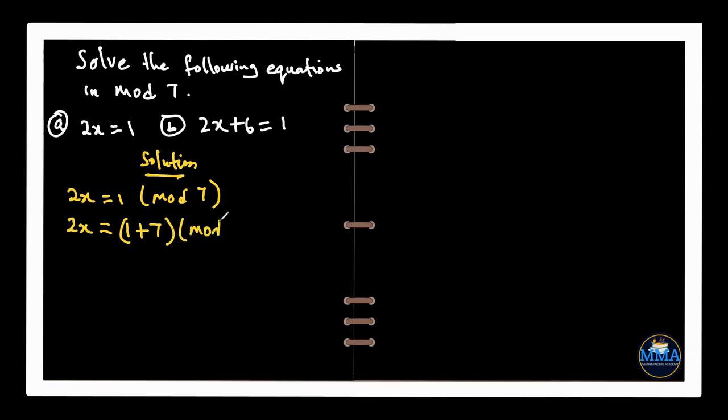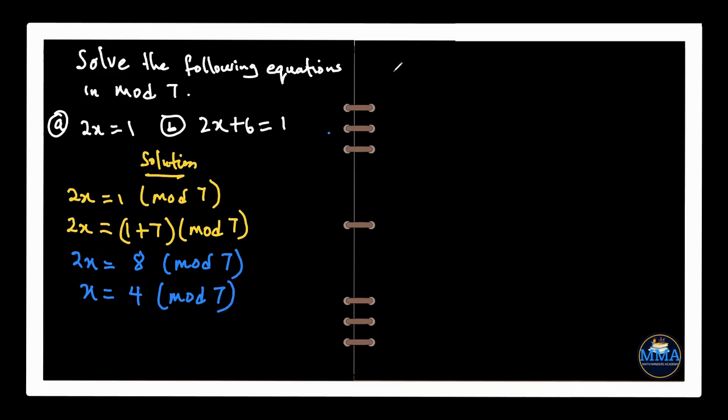Because I know that adding 7 to 1 is the same thing as adding 0, because 7 has the value 0 in modulo 7. So this becomes 2x equals 8 mod 7. When you divide both sides by 2, x is going to be 4 in mod 7. So that is clear enough.